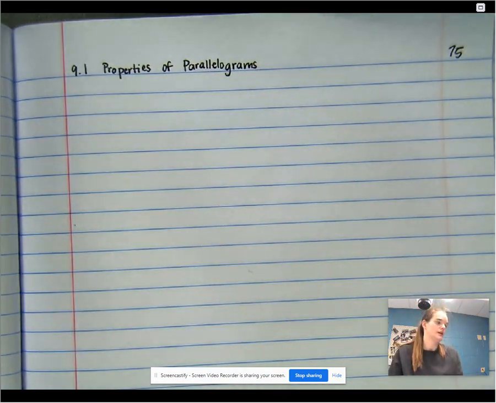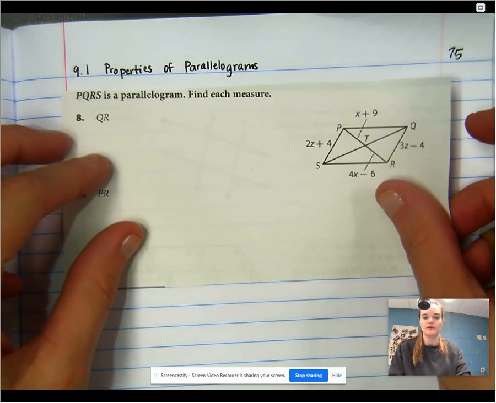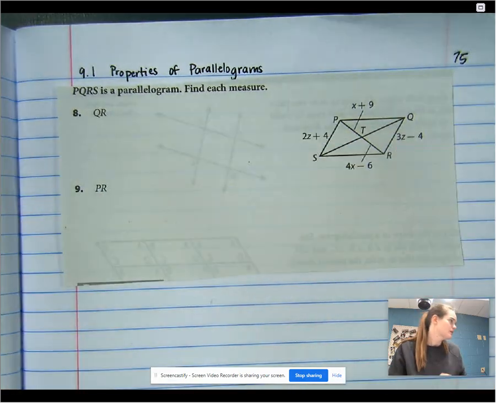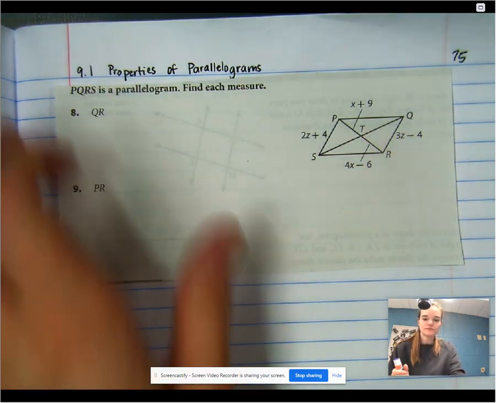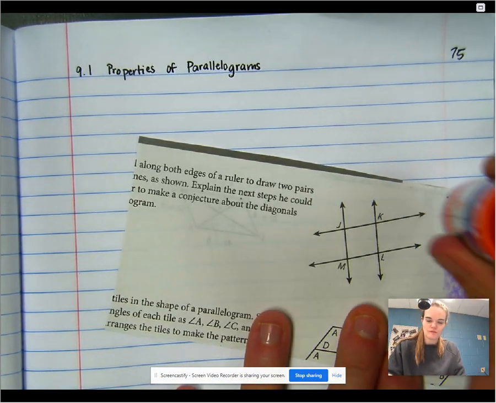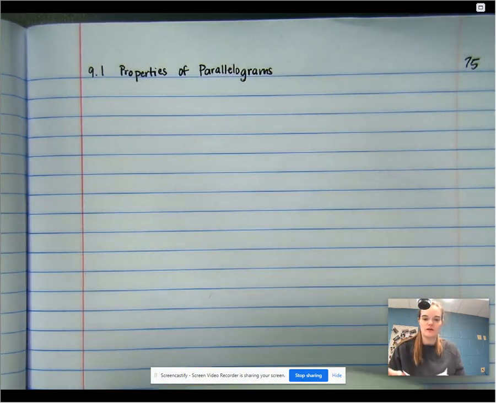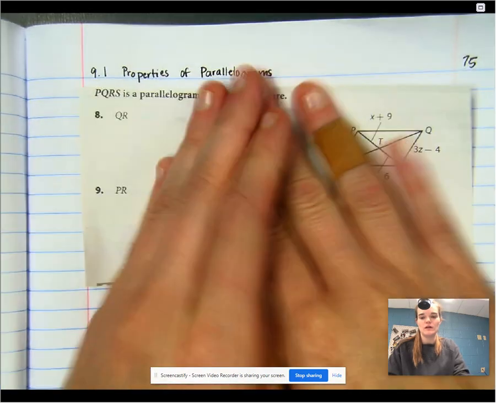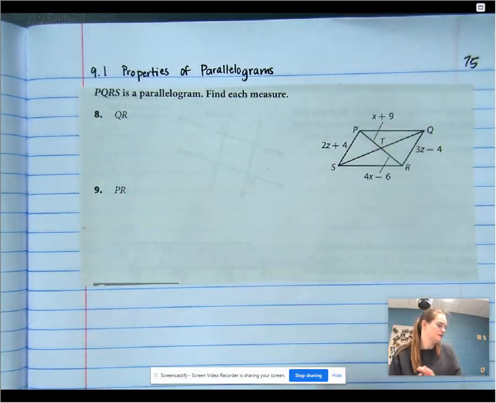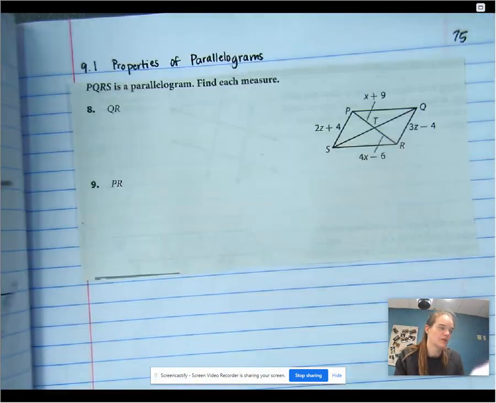We're going to glue 8 and 9 to the top of 75. Okay, and we're going to solve these.